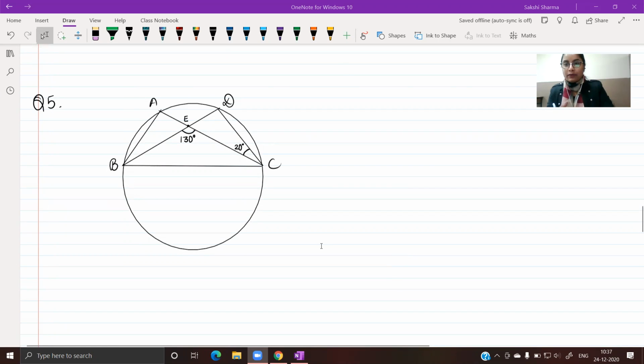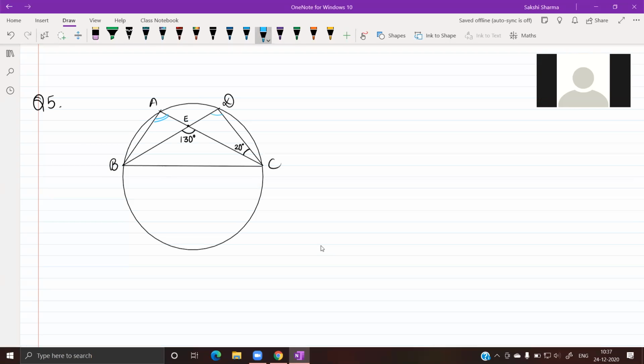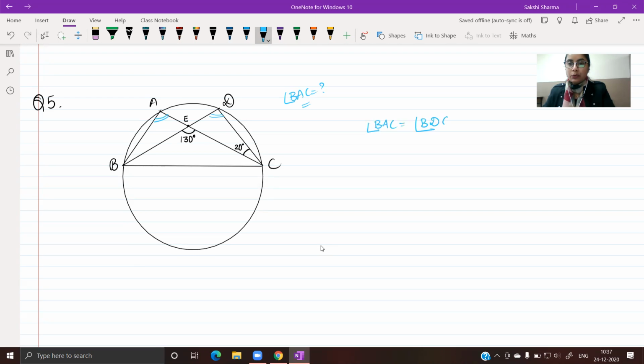Again, it's a solving question, so we are not going to write down what's given and what is to be calculated. I'm going to write down the answer directly. I'm just going to mark what I observed here. I have to find out BAC. But this angle is equal to angle BDC.